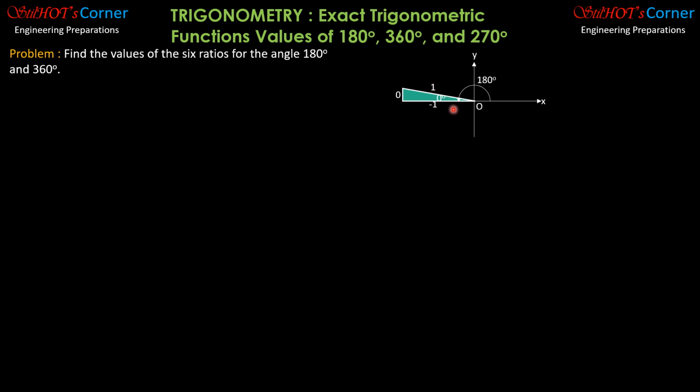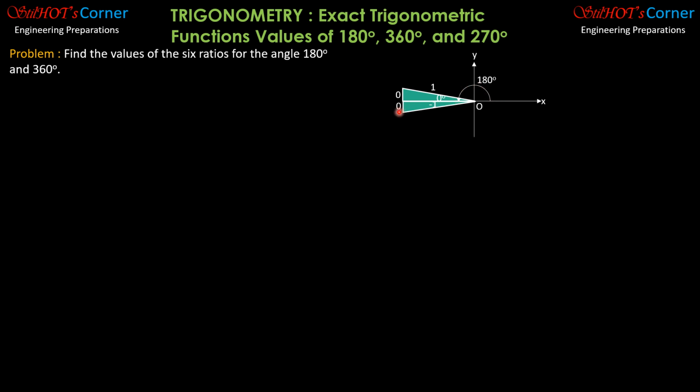So sine of 180 degrees, which is y over r, opposite over hypotenuse, so opposite is 0, then the hypotenuse is 1, so 0 over 1. So this is the situation where it is still 180 degrees.